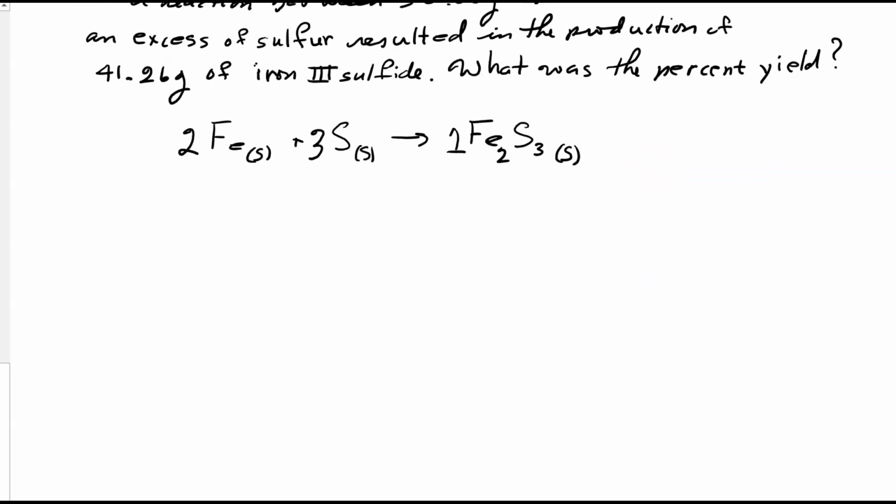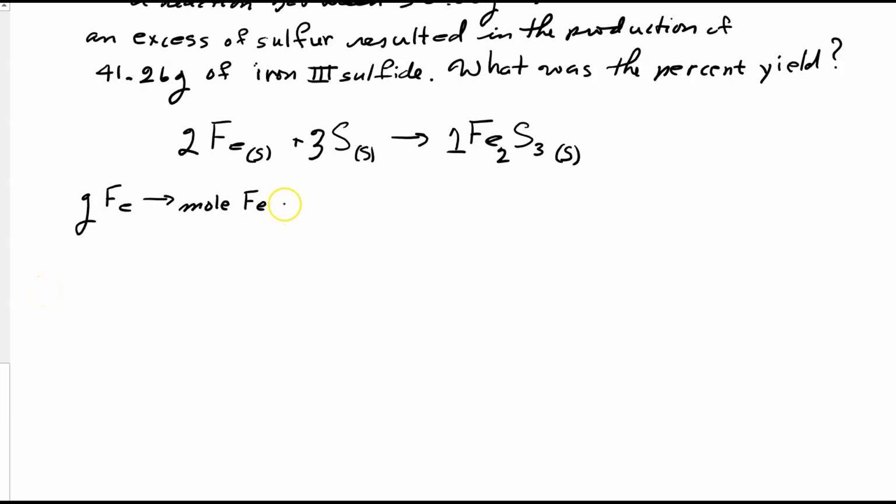Now, the pathway that we want to follow here is, again, in the same format that we had before. We're starting with grams of iron. We need to go to grams, in the end, of iron sulfide. But we have to go to moles of iron because the reaction is based on moles.